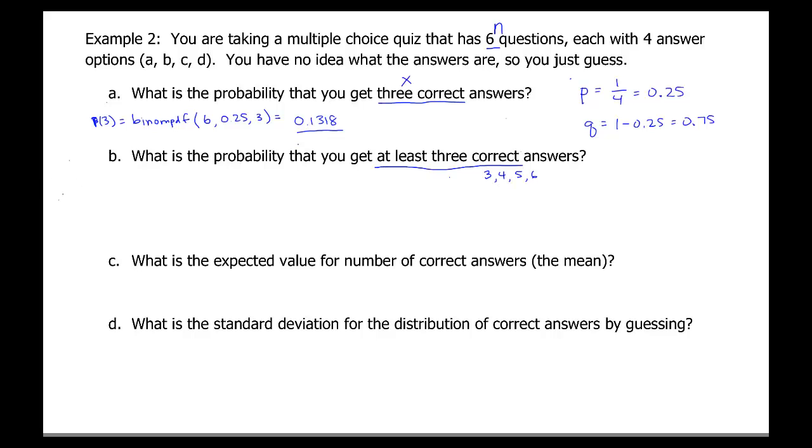And my recommendation for a problem like this is just to calculate each of them. So we just did 3. So we only have to do 3 more, and then we'll have all of them and we can add them together. And 6.